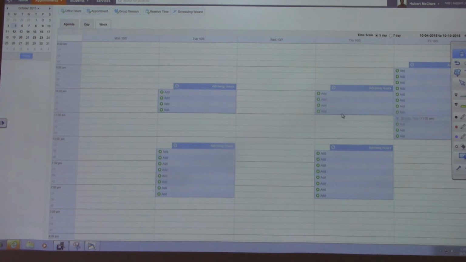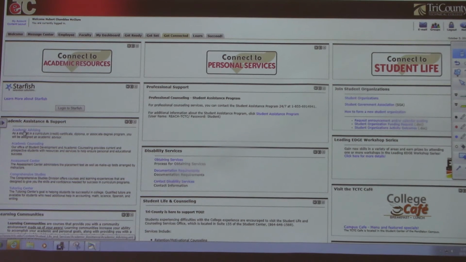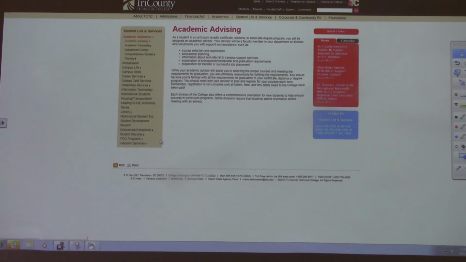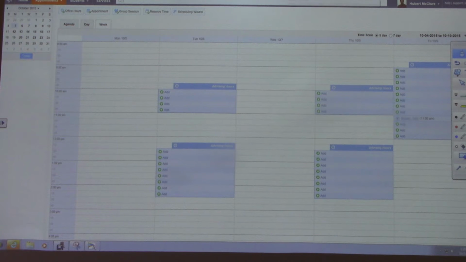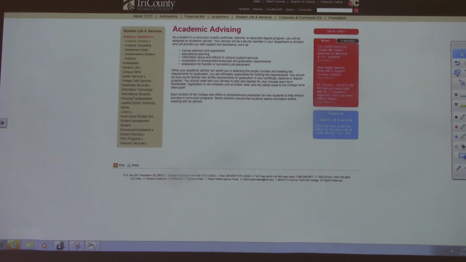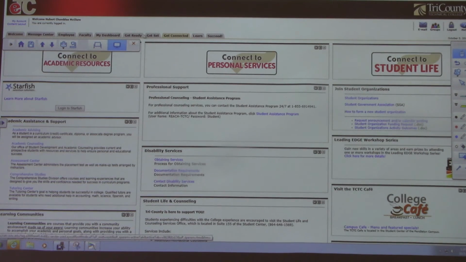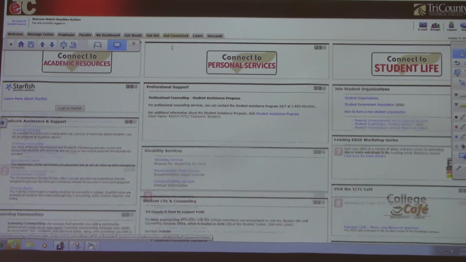Now, if you want to find your advisor, somebody got a laptop? Did you ever get online? You hit academic advising. No, that's not it. It might be under Get Connected. Hold on, let me find it for you. It might be under Get Set.